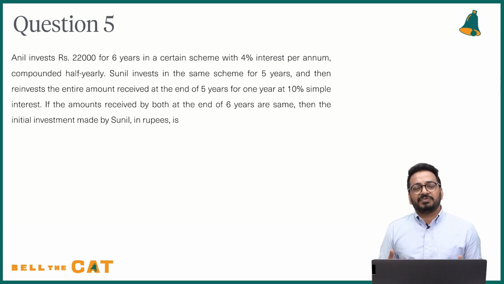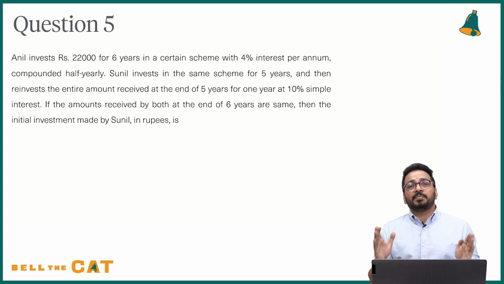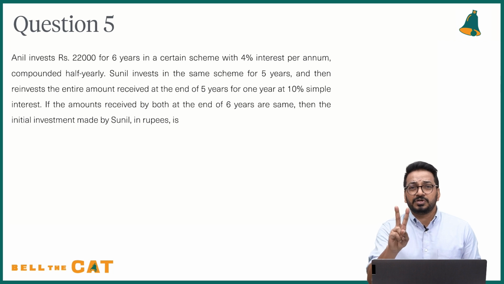So for example, if it's compounded annually, year 1 you'll pay so much, year 2 you'll pay interest on that also, right? If it's compounded half yearly, what happens? After 6 months one amount is calculated, and that amount again becomes the base. So if it's compounded yearly, the compounding happens once. If it is compounded half yearly, compounding happens twice.